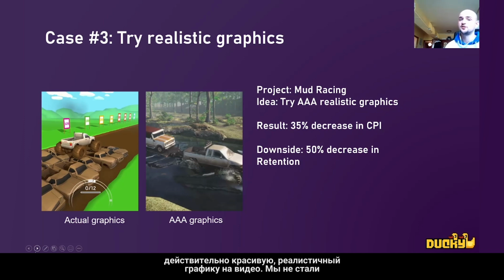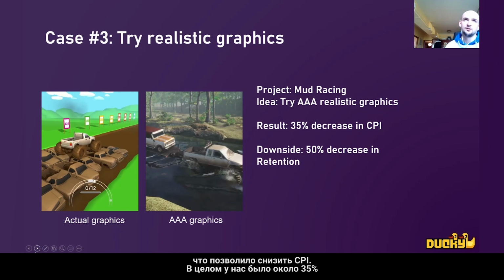We didn't implement this in the game because it won't work for mobile devices. The game was already performing well, but changing graphics would have unpredictable results. So we decided to try and make just videos with this improved graphics, and it proved to be more successful in general.